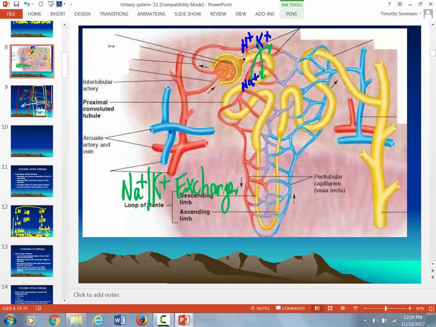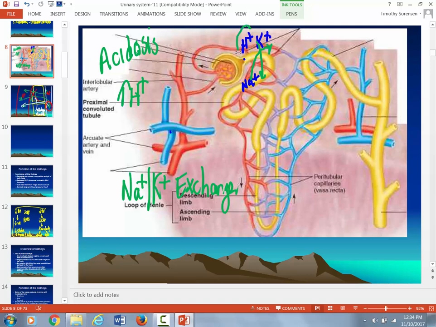Now, if you are in an acidosis, what's happening to the amount of free-floating hydrogen ions in the blood? It's going up. So what's more important, to maintain your potassium level or your pH? So when the amount of hydrogen ions in the blood, free-floating, goes up, the sodium-potassium exchanger no longer exchanges potassium for sodium.